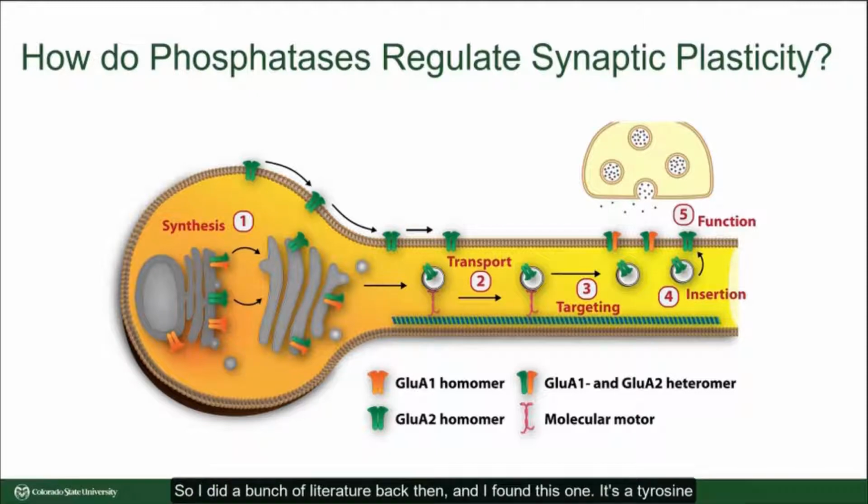It's a tyrosine phosphatase. What I've been able to find is that it has some type of dual role in this pathway, where it is somehow controlling transport of glutamate receptors, such that if you don't have this phosphatase, you see significantly decreased transport.